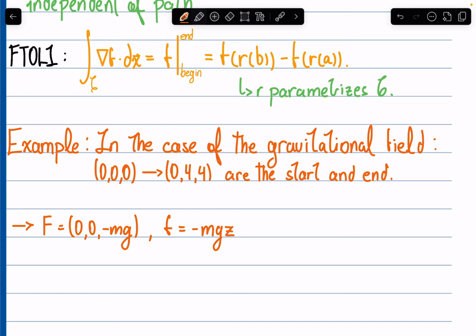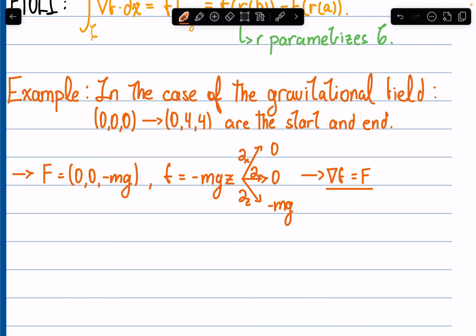You can observe that when you differentiate it with respect to all variables, we obtain precisely that its gradient is the gravitational force field, as desired. This means that the gravitational force field is conservative.